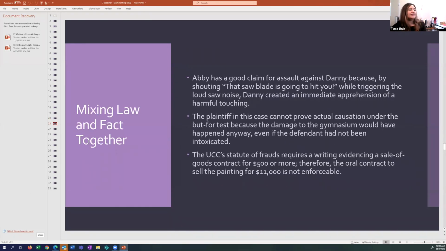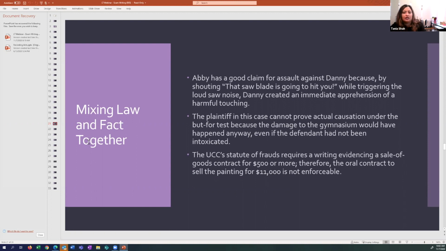Mixing law and fact together. This is a really good thing to do if you feel comfortable with the IRAC and the CRAC method.